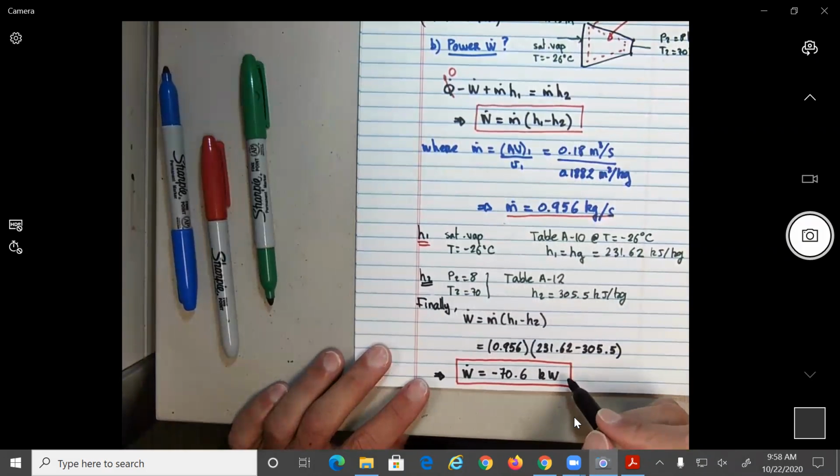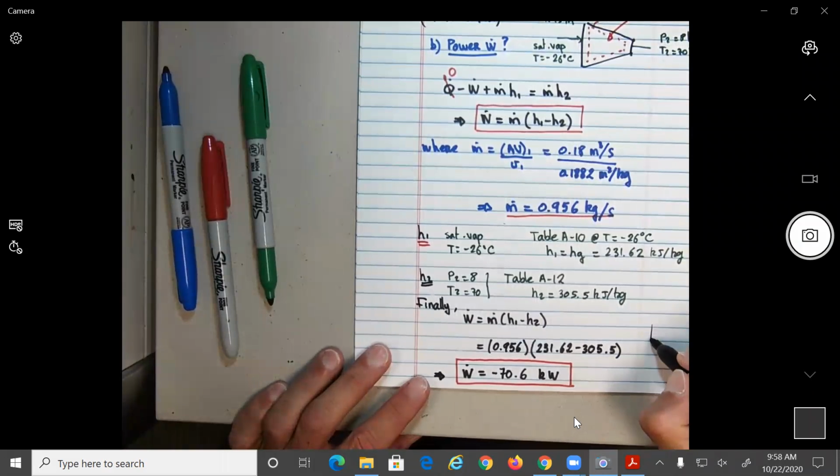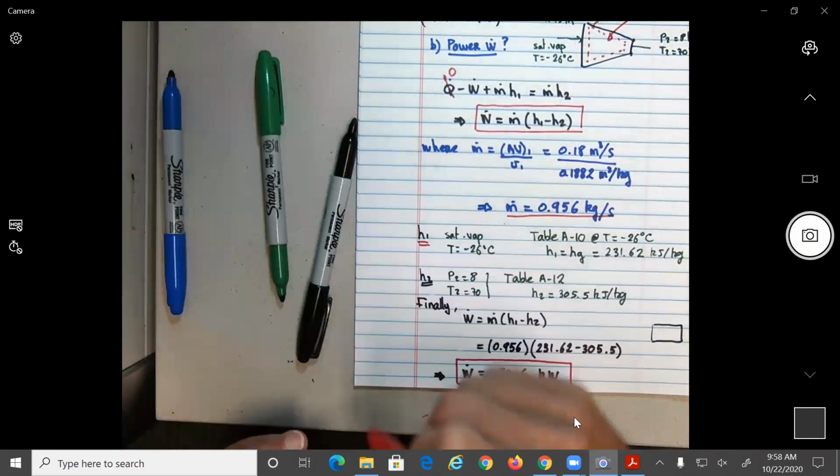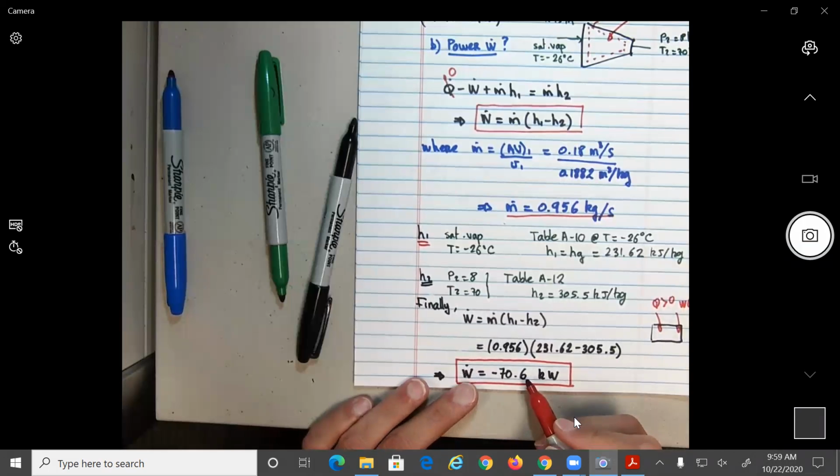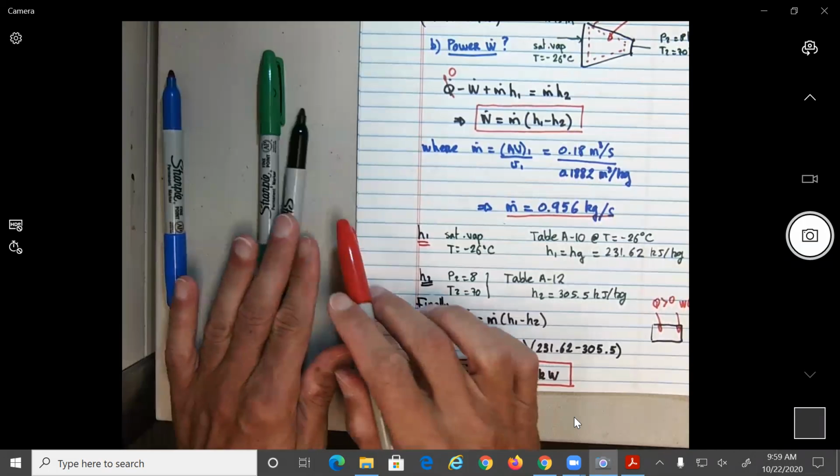If you remember, what is the sign convention we're using? Heat going in is positive, no? But the work, if you need to do work on the system, it will be negative, no? So you see, in order to operate the compressor, you need to provide a power of 70.6.